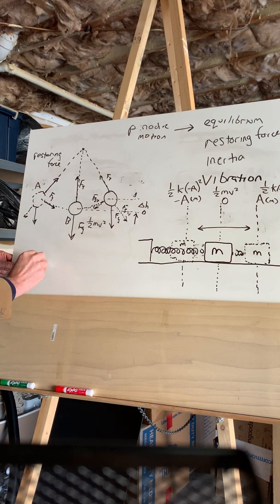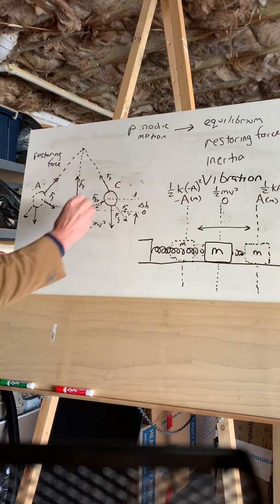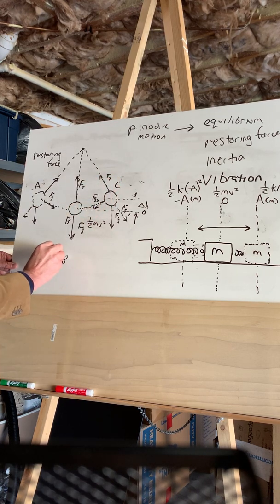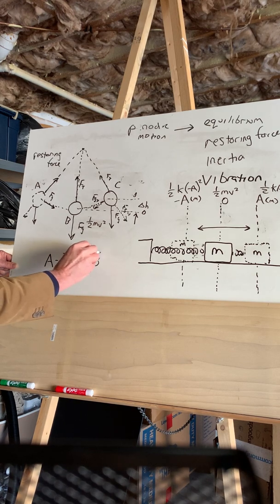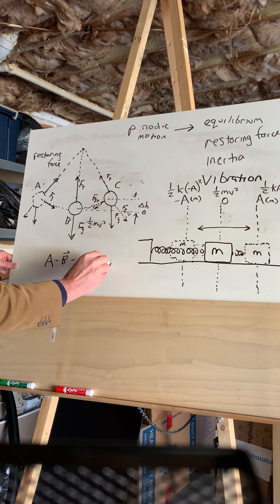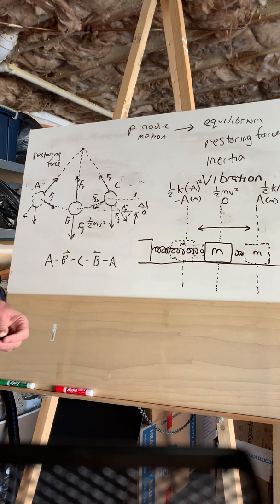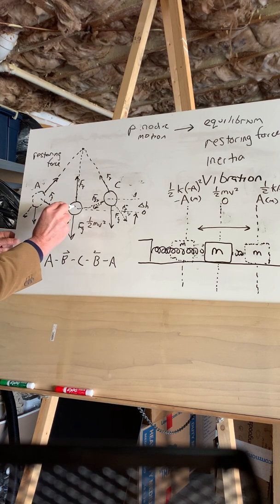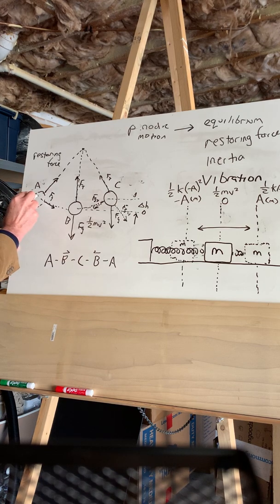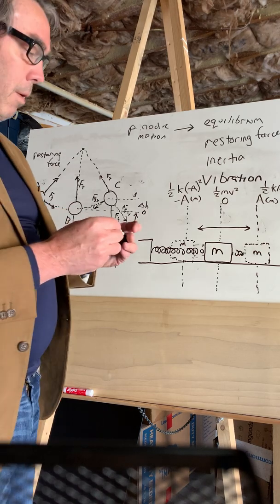So really the cycle is from A, let's call this point C, to B in that direction, to C, to B in that direction, and then back to A. Now, the point about doing problems, and they're going to try to trick you in Pearson, is if you are given the time for it to swing through the equilibrium point twice, you've gotten half a cycle. And if you're given the time for it to go from maximum amplitude to equilibrium, you've gotten a quarter cycle.